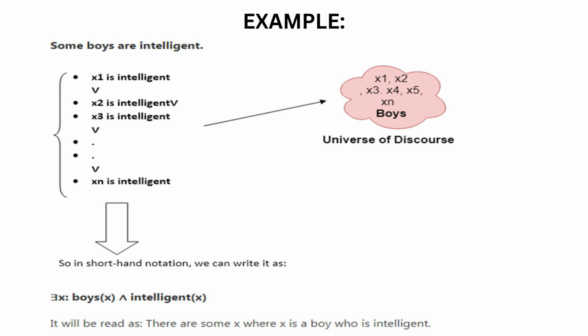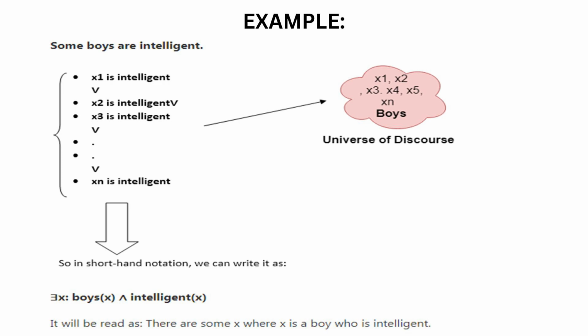So, the statement "some boys are intelligent" can be represented using an existential quantifier and conjunction as there exists x such that b of x and i of x.